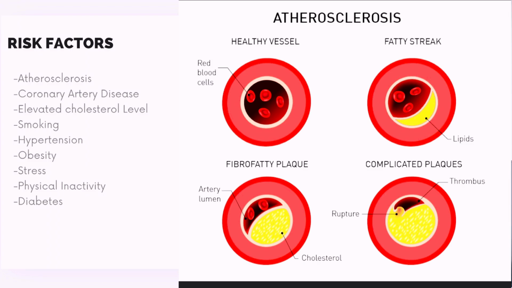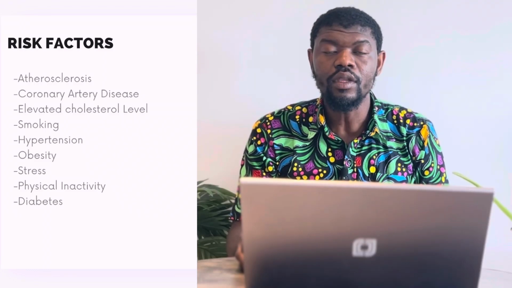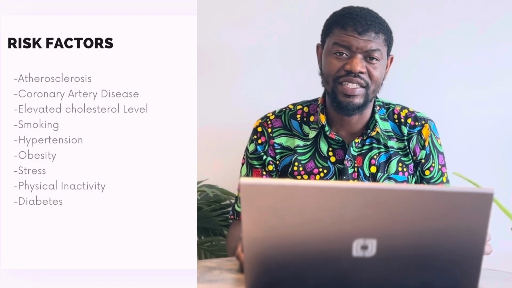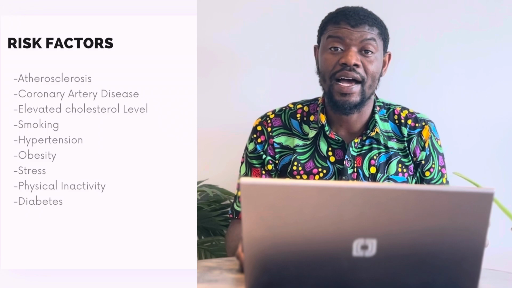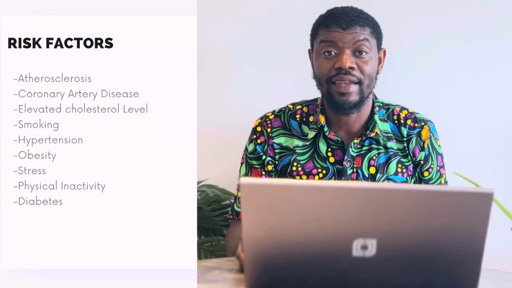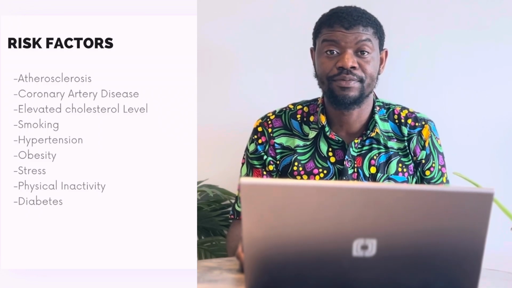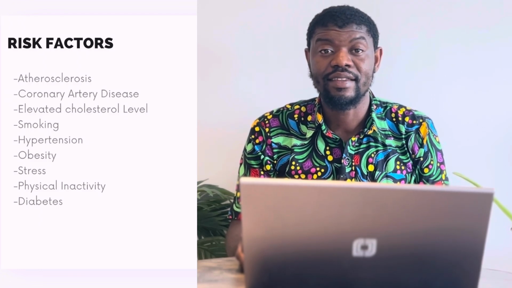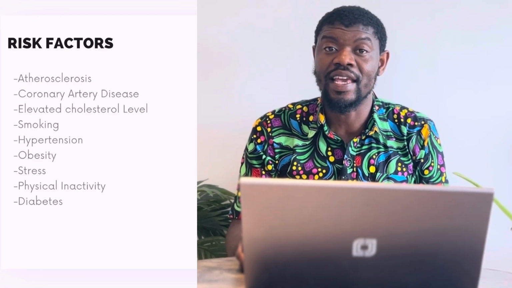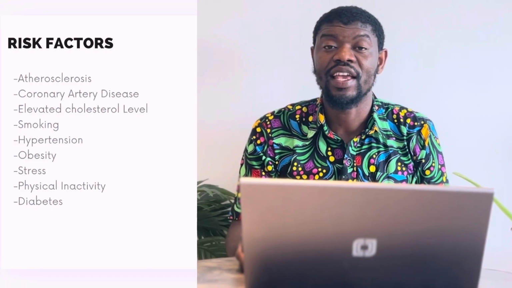And so once someone develops atherosclerosis, they are at an increased risk of developing myocardial infarction. Also, coronary artery disease. We know that the coronary arteries supply the myocardium with oxygen-rich blood. And so, when these arteries are diseased, it may lead to myocardial infarction.